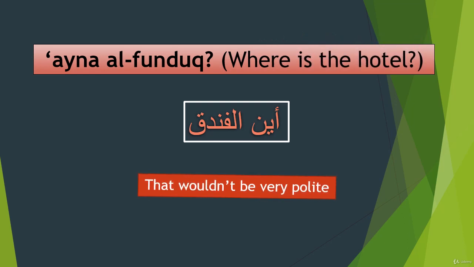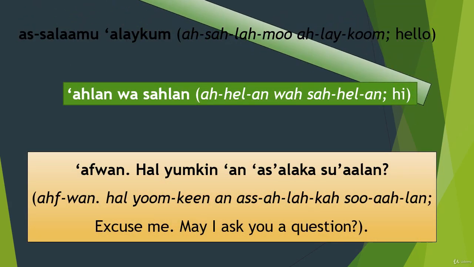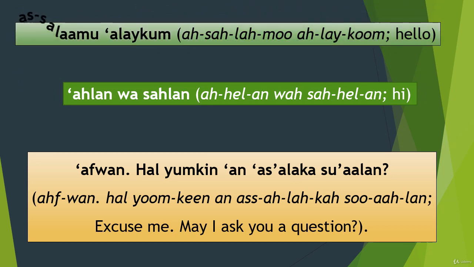The proper etiquette for approaching someone and asking for directions is to first say Assalamu alaikum or Ahlan wa sahlan, and then ask if he or she would permit you to ask a question.